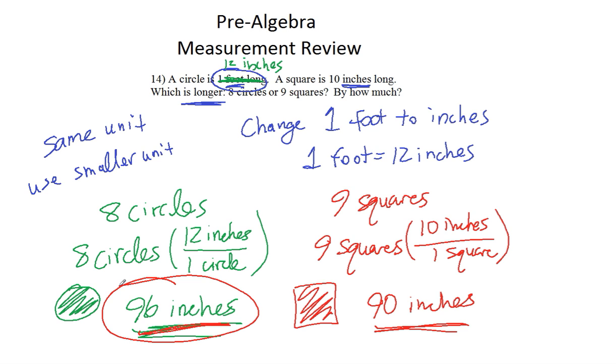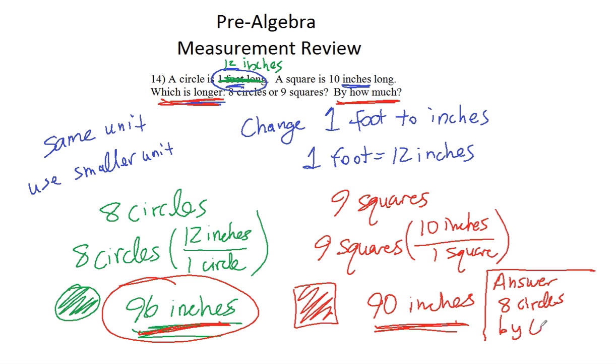So for the final answer, the 8 circles are longer. Then don't forget to go back to the question, which is longer? We're saying the 8 circles are longer, but there's a second question: by how much? Well, 96 inches compared to 90 inches is by 6 inches.